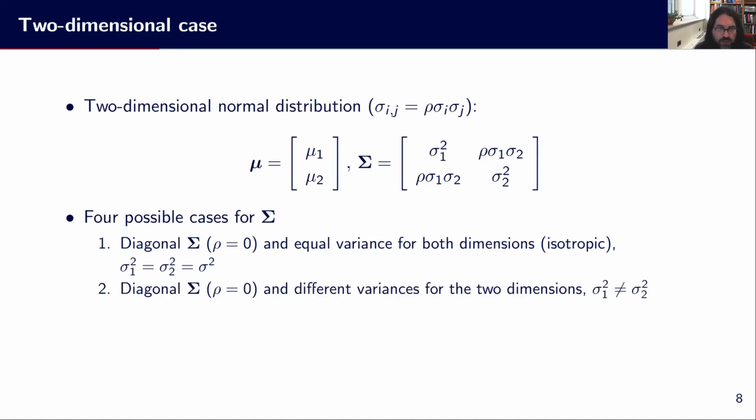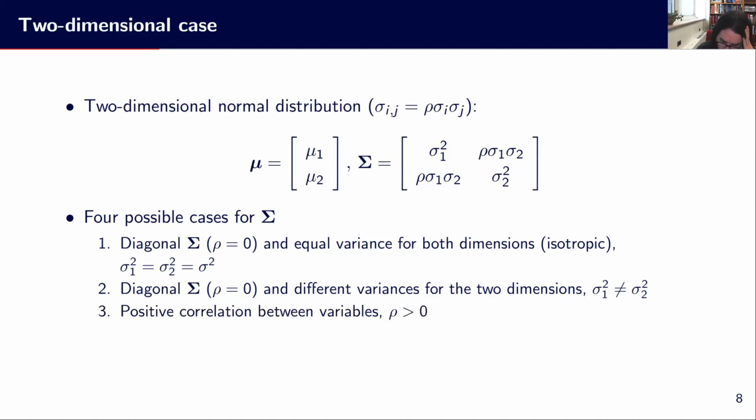The second case, again, the matrix is diagonal, the correlation is 0, but we have different variances for the 2 dimensions. We have sigma 1 squared and sigma 2 squared here, which are not equal, and which describe different variances over the dimensions. This corresponds to distributions that are more elongated along one or the other of the variables.